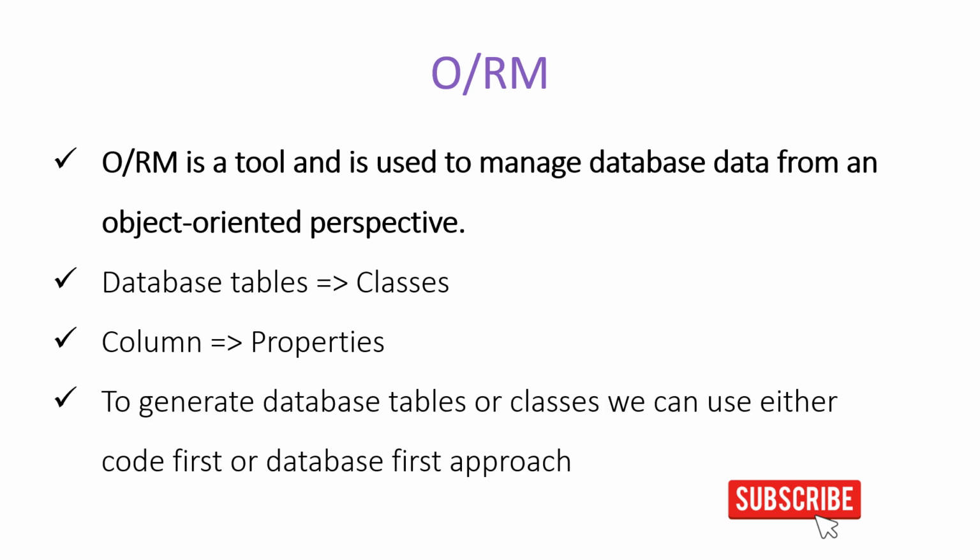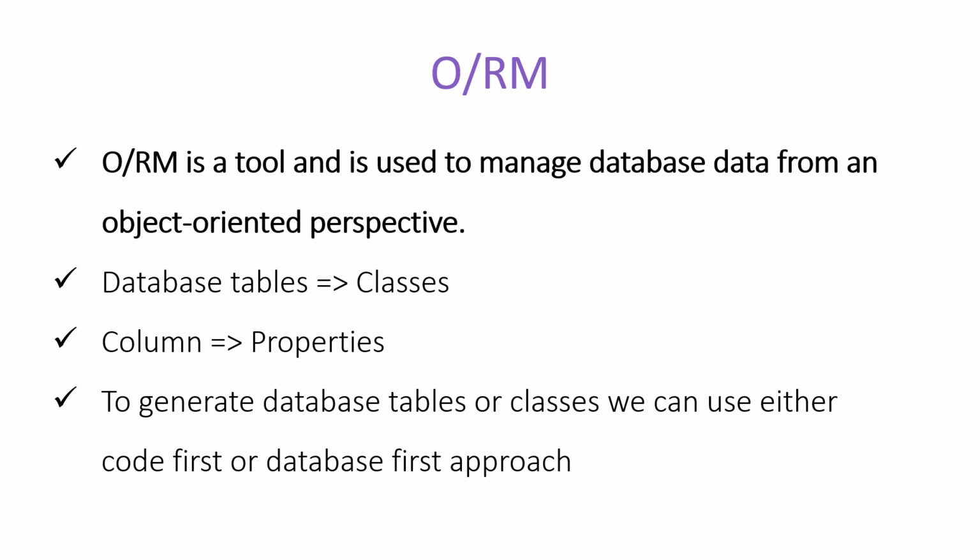To generate database tables or classes, we can either use code first or database first approach. Since all the tables are converted into classes, in the opposite manner we can say that all the classes that we have in our Entity Framework Core are converted into tables. So we can use either approach.